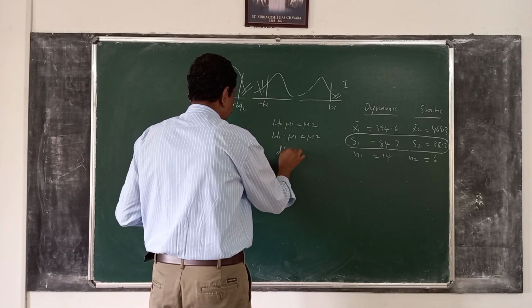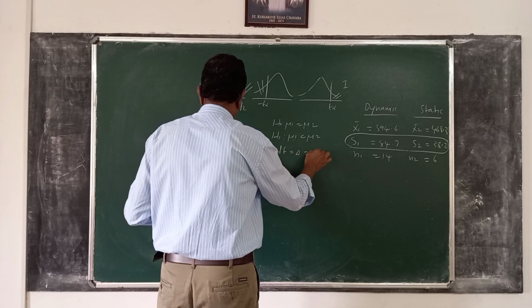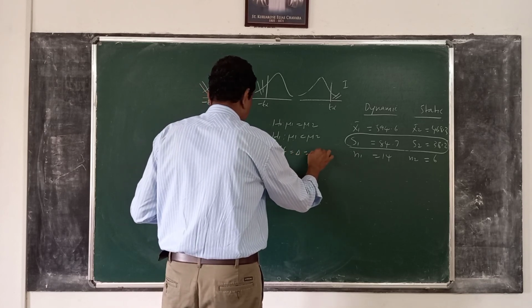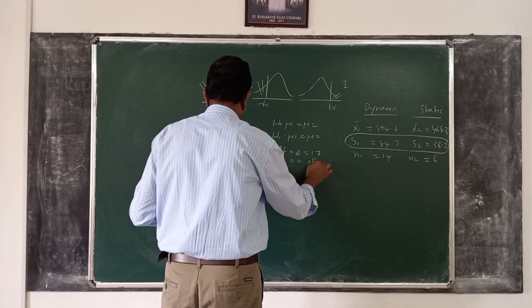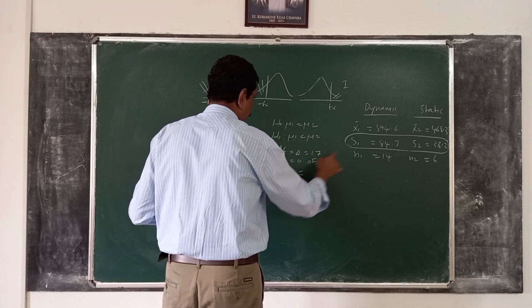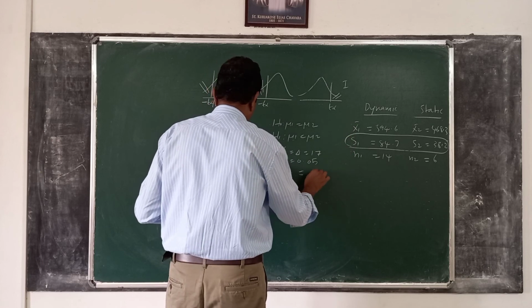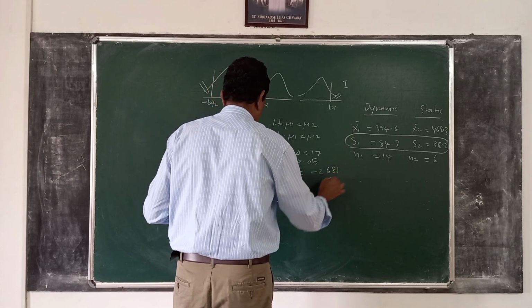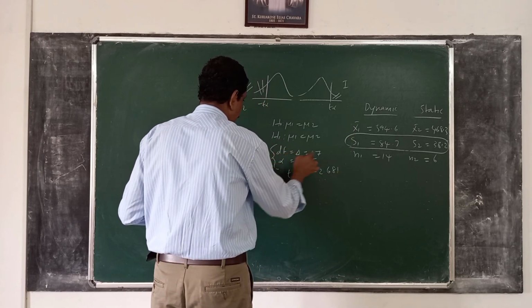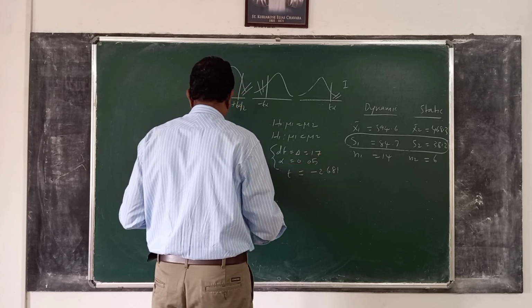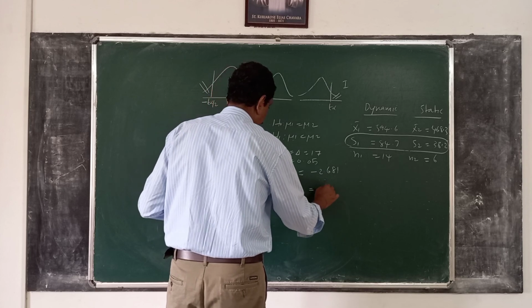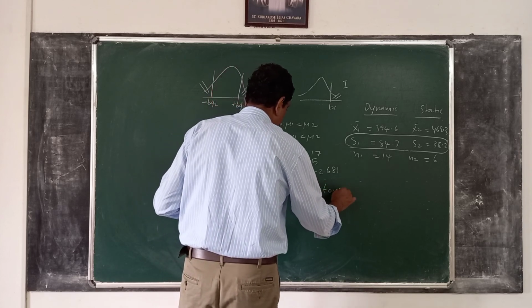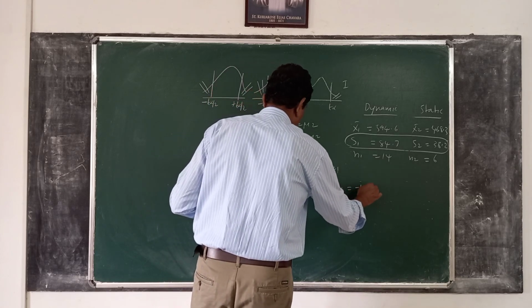Degrees of freedom is equal to 17, alpha is equal to 0.05. T by applying the values is minus 2.681. For degrees of freedom 17 and alpha 0.05, minus t 0.05 is equal to minus 1.7.